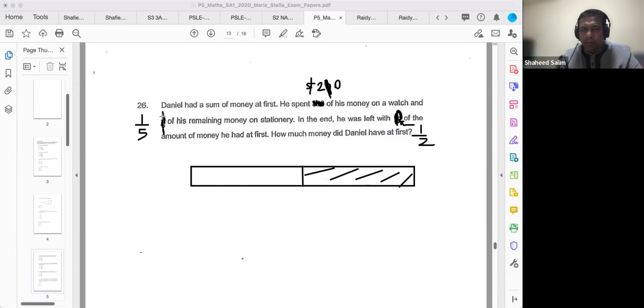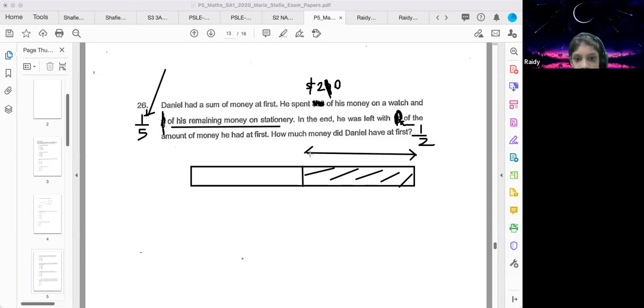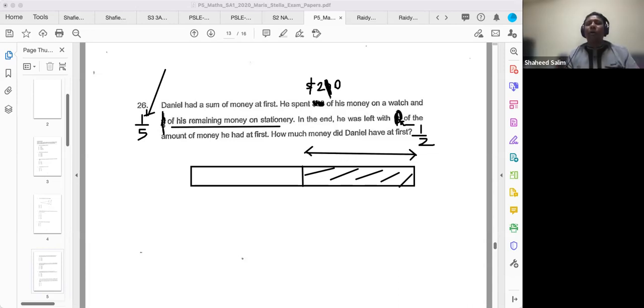But this part, if we read this thing here, how many fifth is it? We spend 1/5 of the remaining money. So from here to here is how many fifth? 1. No, this is not what is spending. 4. Good.